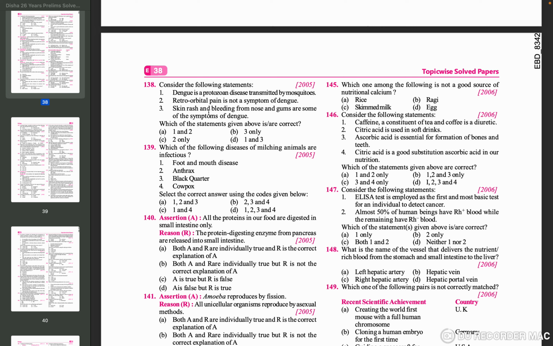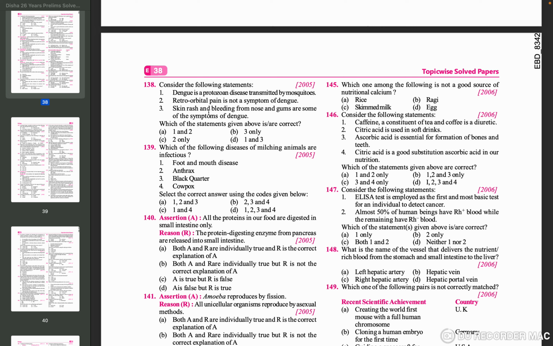And do they have vaccines? Dengue has 1-2 vaccines. Zika doesn't have. Chikungunya and yellow fever have vaccines.